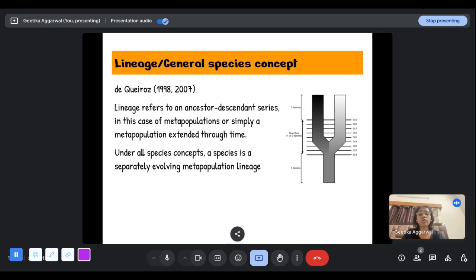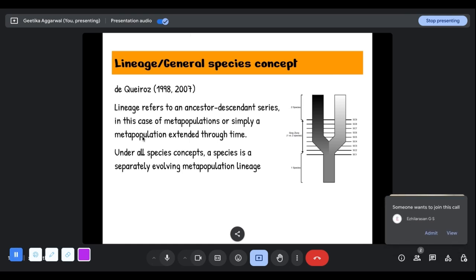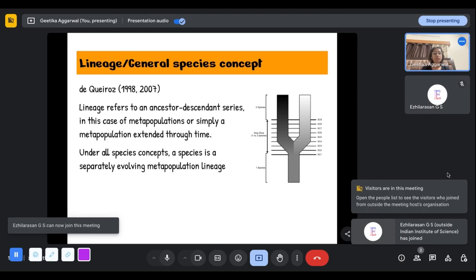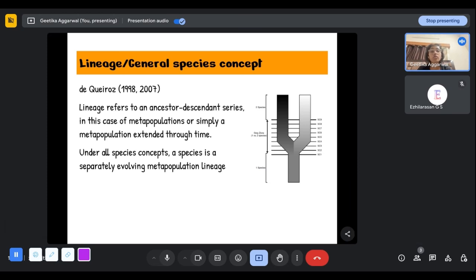In this, they talked about a lineage as an ancestor descendant series, descendant from an ancestor, in this case of metapopulations, or simply a metapopulation which is being extended through time.